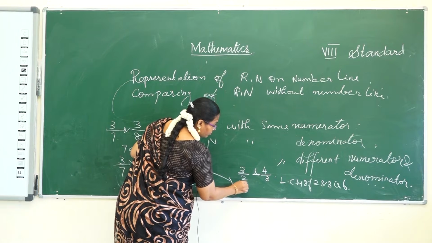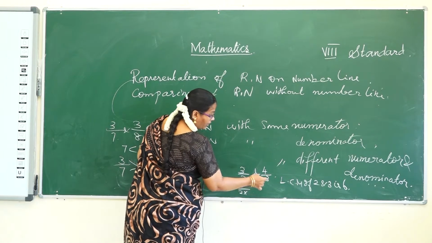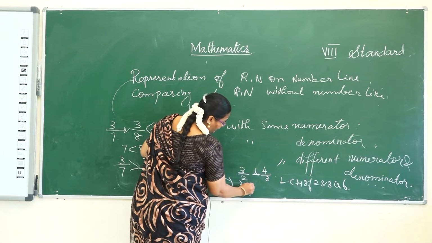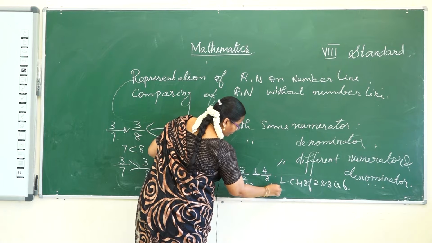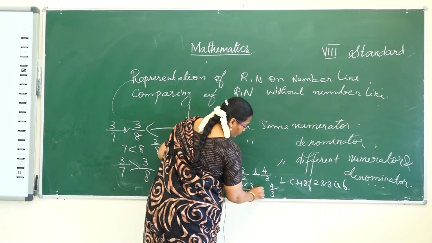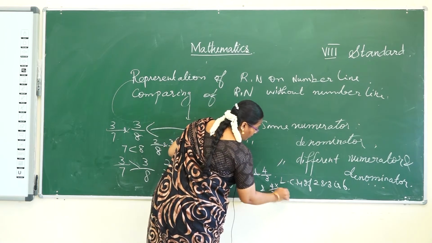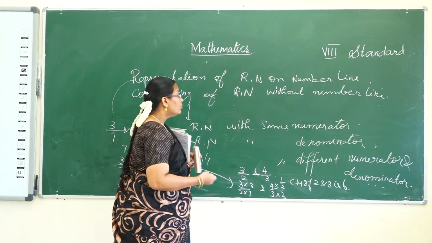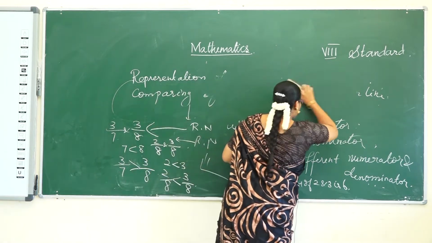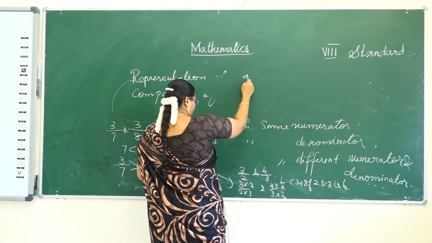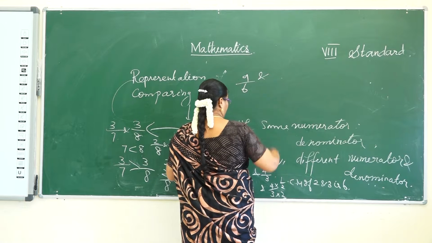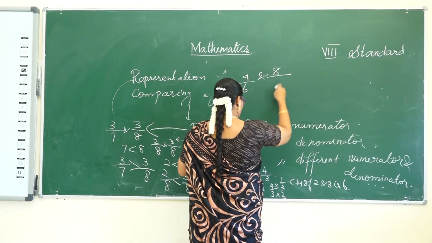So the numerator and denominator are multiplied by 3 here, and here the numerator and denominator are multiplied by 2. So we write 3 3s are 9, 9 by 6 and 8 by 6.